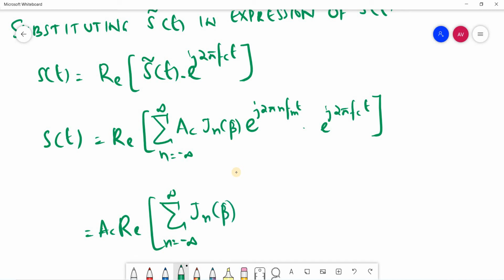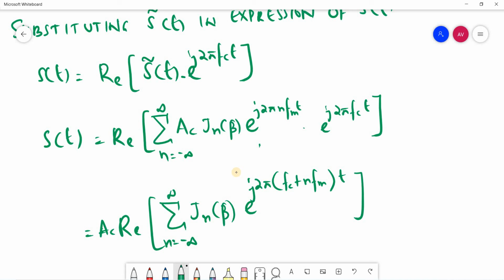Times, I get e power j, 2 pi t is common, so I'll get e power j 2 pi times fc plus n fm times t. We can rewrite it like this.